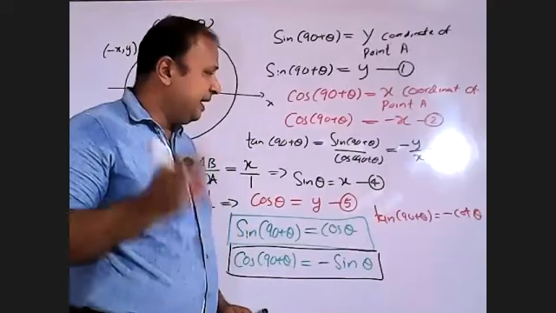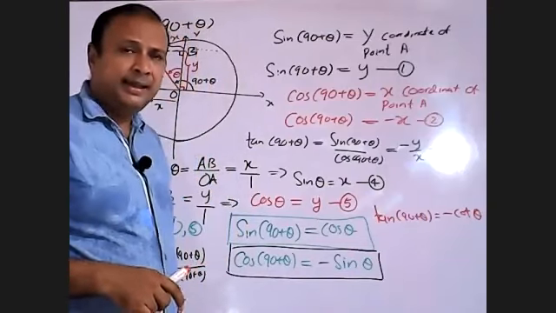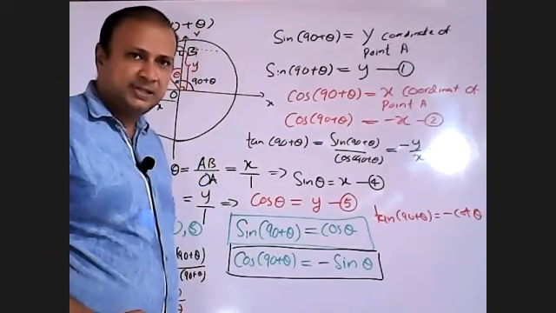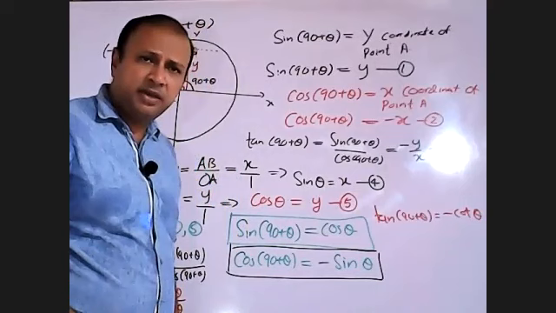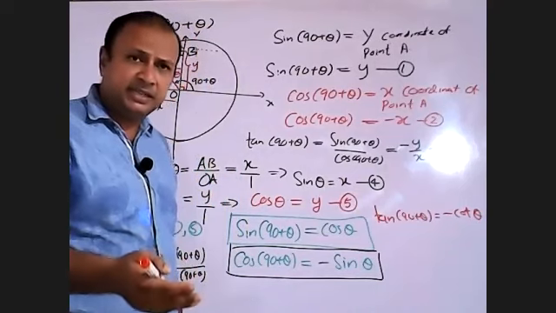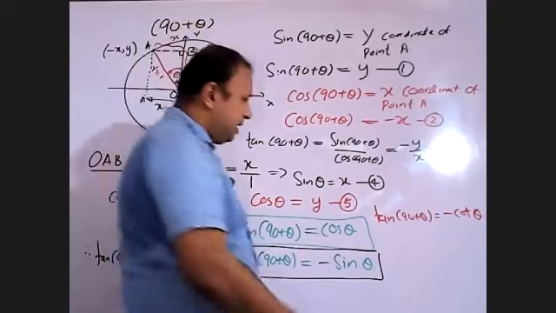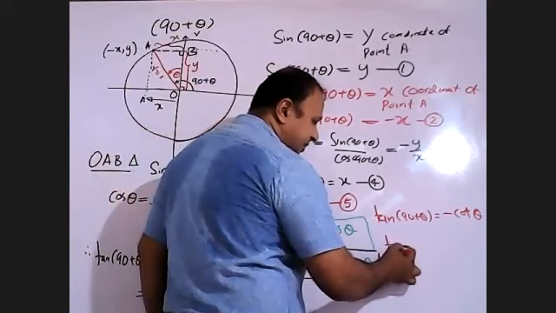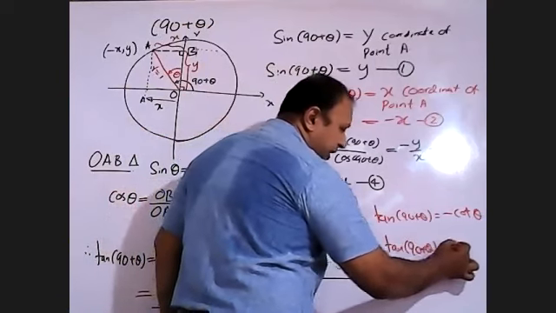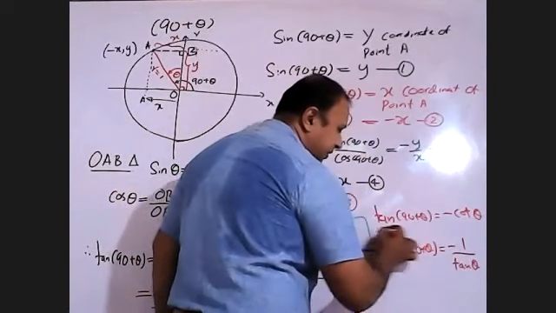I think it is easy to remember because you don't know the cot values of angles, but you can remember the tan values of some angles, especially 30, 45, 60. Therefore, you can write tan(90 + theta) is equal to minus 1 over tan theta.